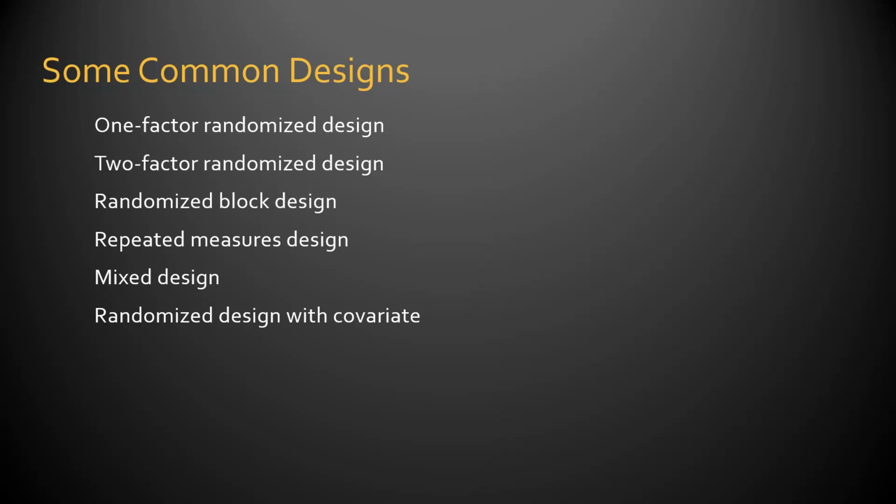If we only randomize on one of the factors, we would just call it a two-factor randomized design, with randomization, of course, being on that one factor and the other one being observational. Or if we took out the word randomized completely, it would be a two-factor design in which you're simply observing.